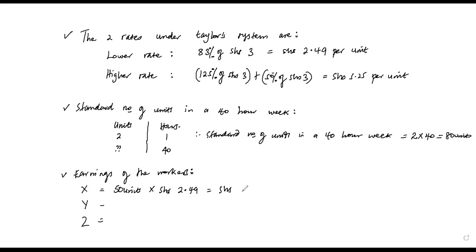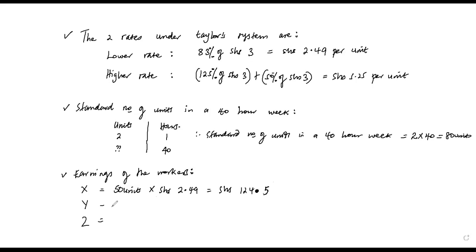This gives us 124.5. Those are the earnings of X.